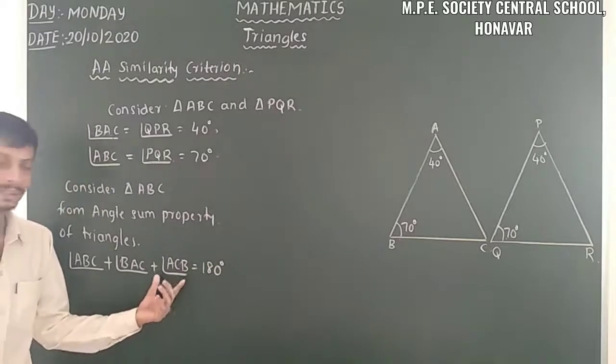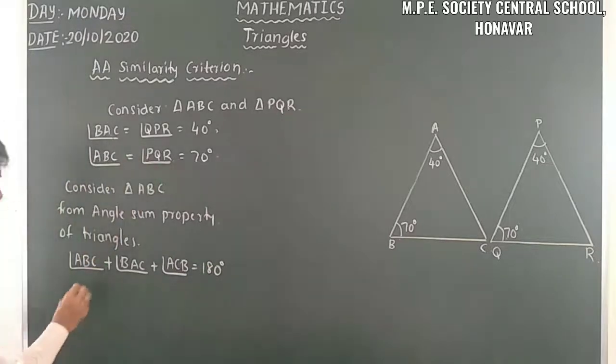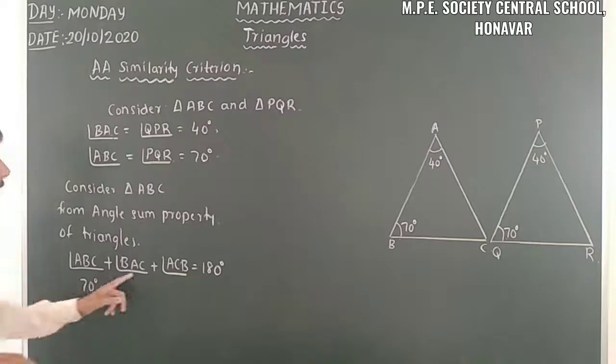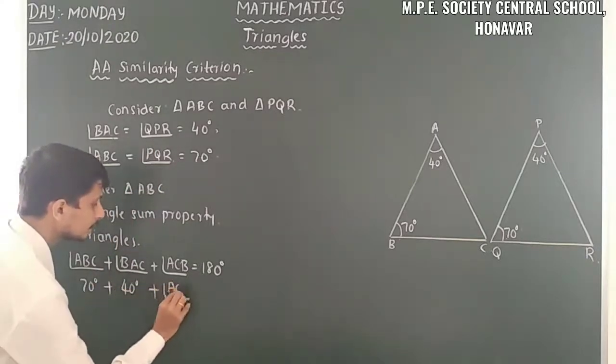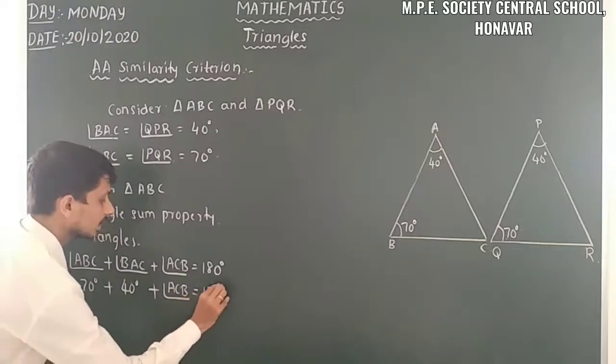Here we have to find angle ACB, and angle ABC is equal to 70 degrees plus angle BAC is equal to 40 degrees plus angle ACB is equal to 180 degrees.